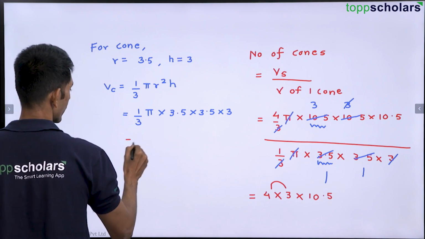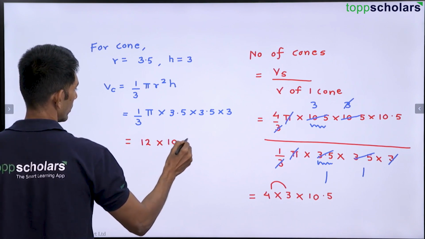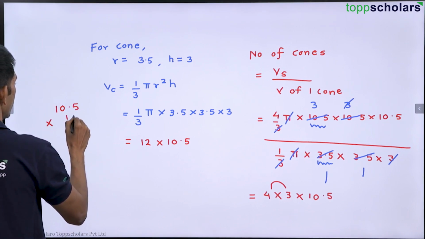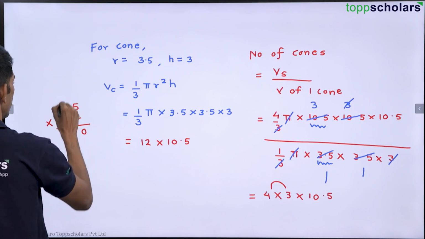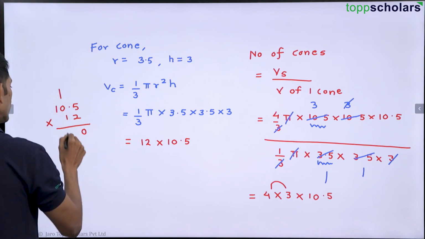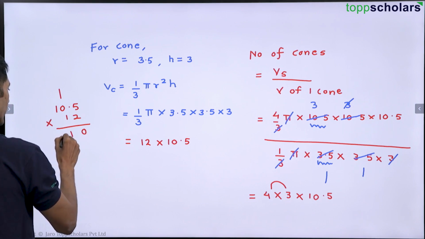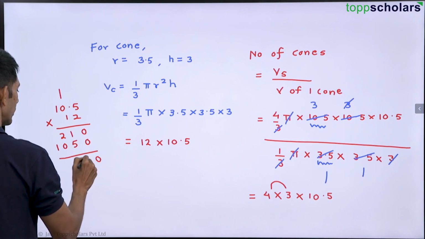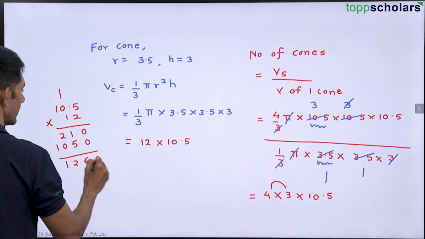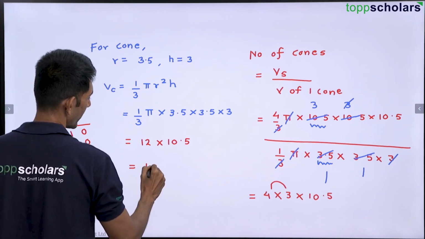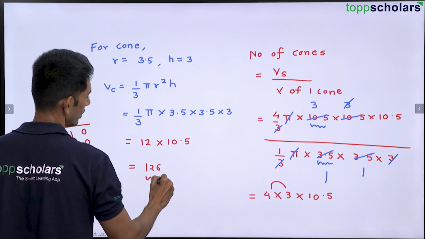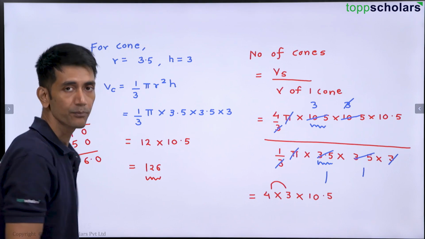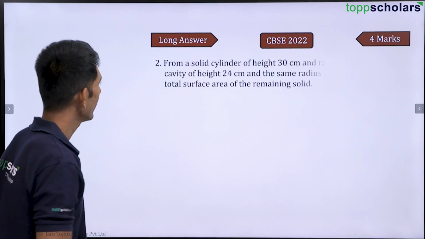Multiplying 10.5 by 12: 5 twos are 10, 0, carry 1, 2 ones are 2, plus 1 is 3... which gives 126. That gives you 126 cones. So 126 cones can be formed with the help of the sphere. Correct? Let's continue further.